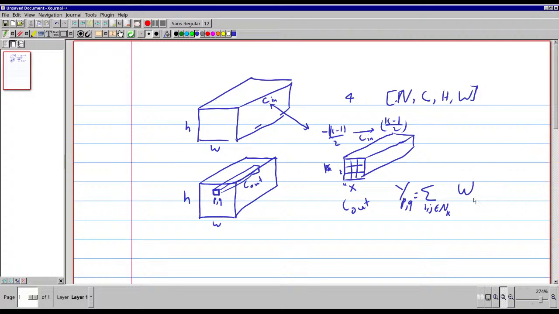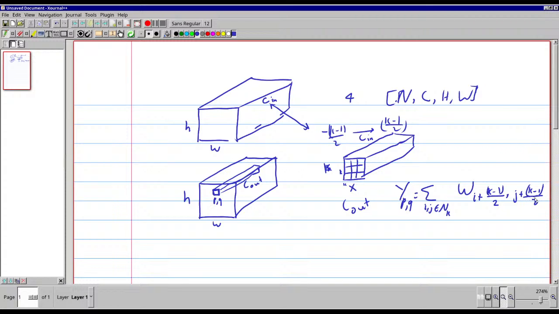So here it would be the weights at I plus (K minus 1) over 2, comma, J plus (K minus 1) over 2.